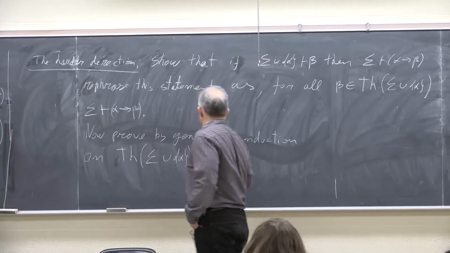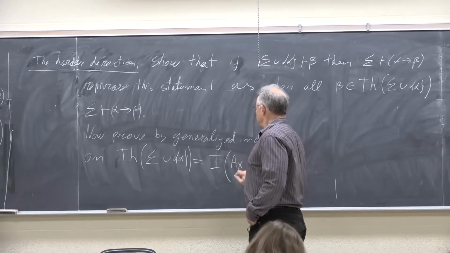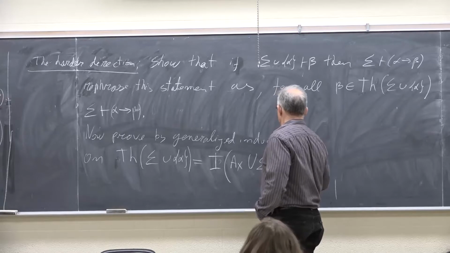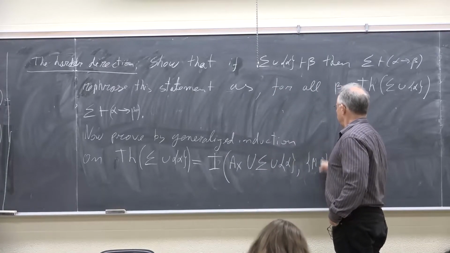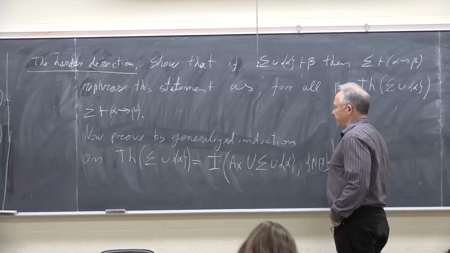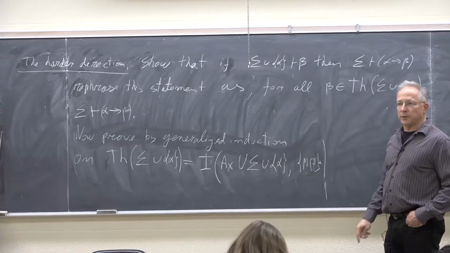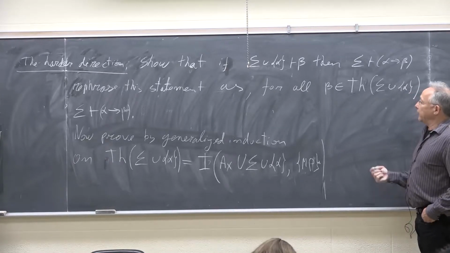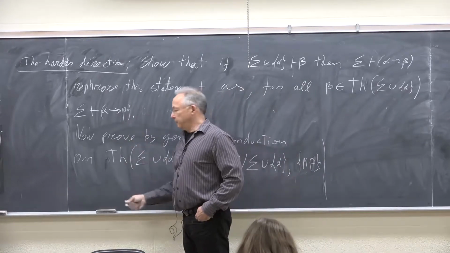Or in other words, this is I of my basis, which is the axioms. I can use sigma, I can use alpha, and as a deduction rule, I have modus ponens. So I want to do induction on this structure, and I want to show that for every beta in this structure, one can prove that alpha arrows it.